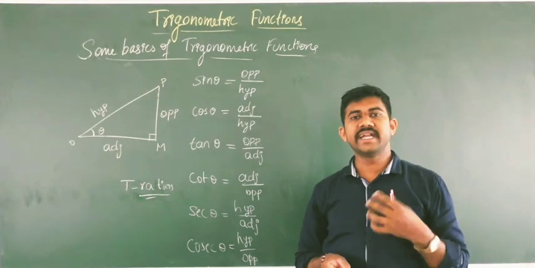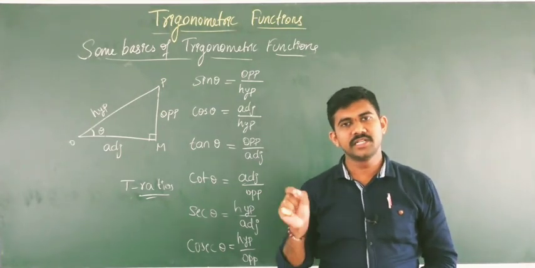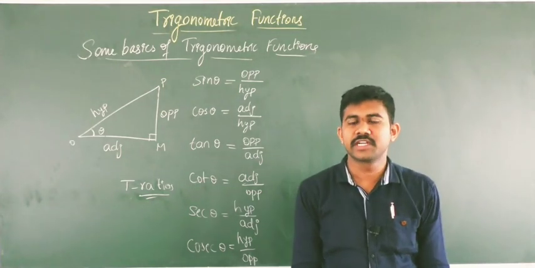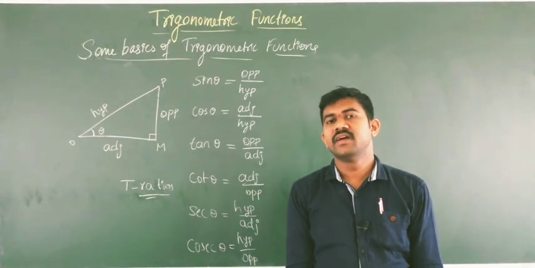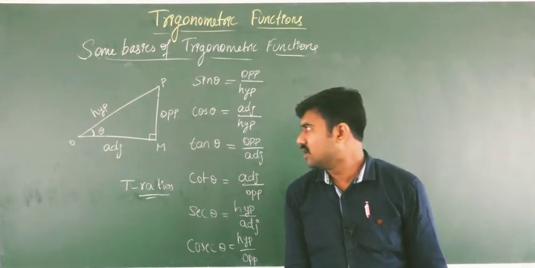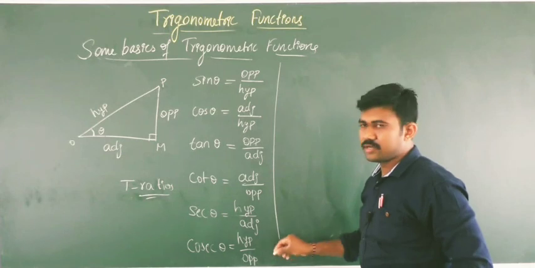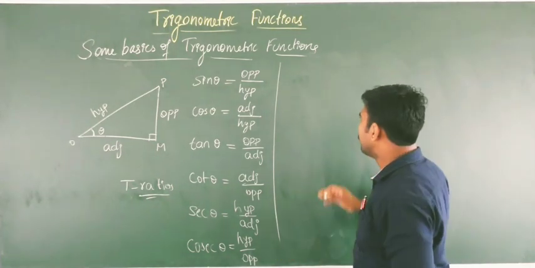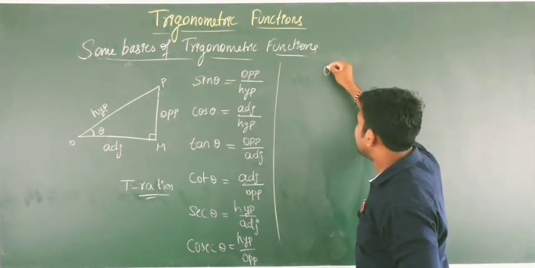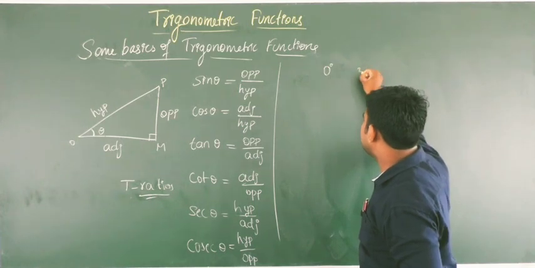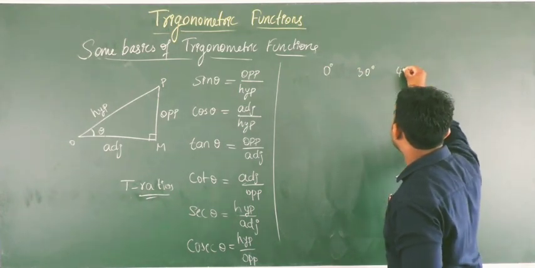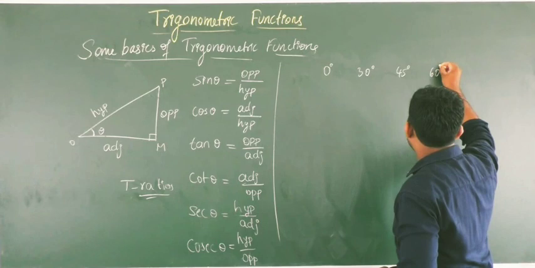Now, the standard angles you already studied in high school classes, that is, trigonometric ratios for standard angles only. But in today's class we are going to study trigonometric ratios for any angle in radians. First of all, what are the trigonometric ratios for standard angles? The standard angles are 0 degree, 30 degree, 45 degree, 60 degree and 90 degree.